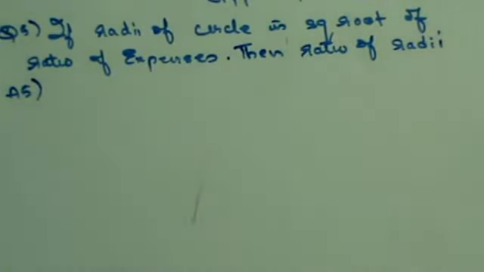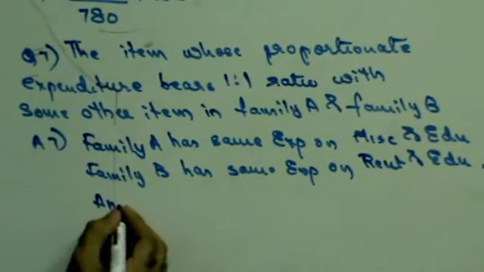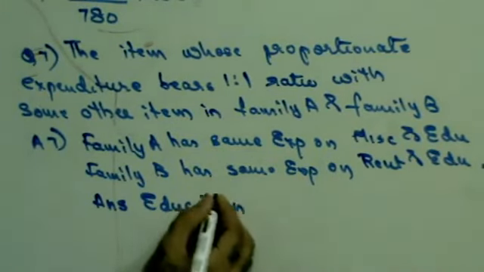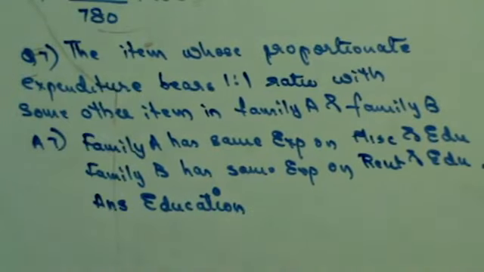So what is common to both of them? The item whose proportionate expenditure bears a 1:1 ratio with some other item. It is education in family A, which is 1:1, and education in family B, which is 1:1. So my answer is education. Fine, do we get this? Next, let's move on to the next question.